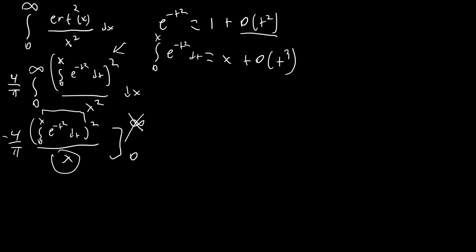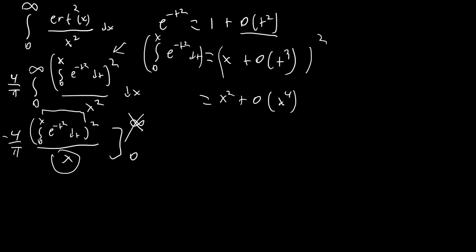And the reason this is important to us is this tells us that when we square this, we're going to have x squared plus something bigger than that. I guess the lowest order would be x to the fourth.